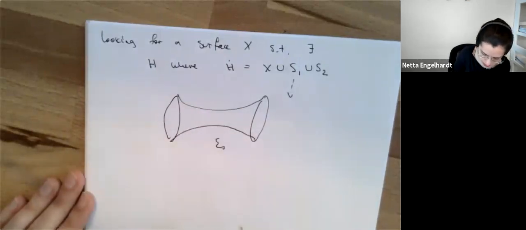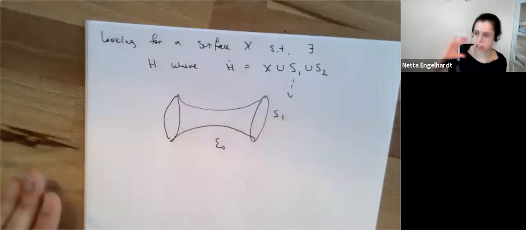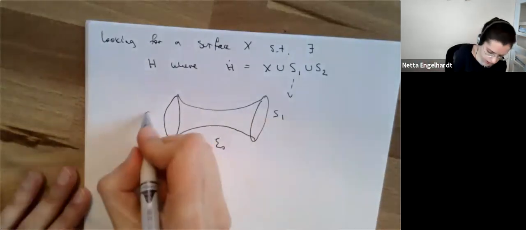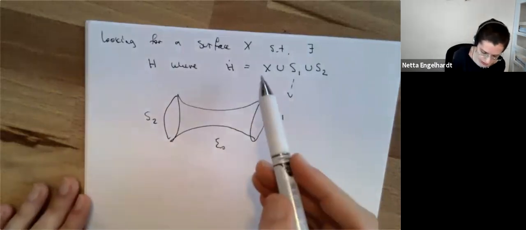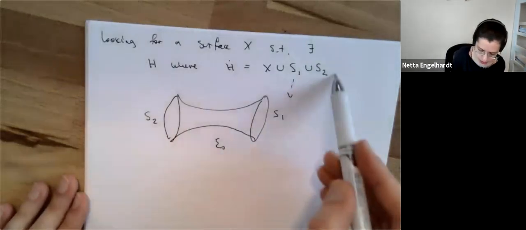Let's call it sigma 0, and S1 is the right boundary of sigma 0, and S2 is the left boundary of sigma 0. And so we're looking for a surface X where this is true.